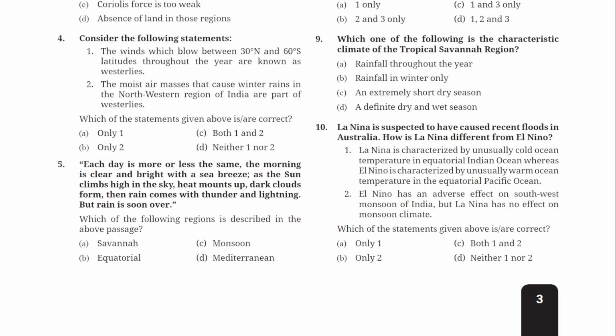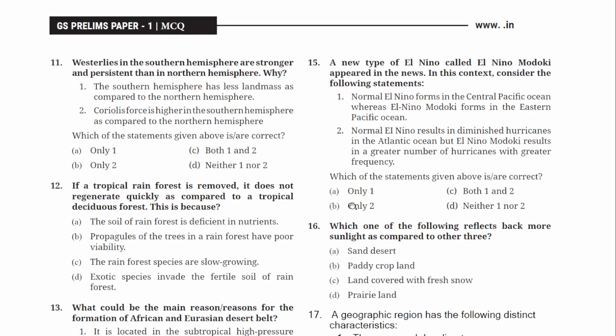Okay. La Nina is characterized by unusually cold ocean temperatures in the eastern Pacific Ocean, not the Indian Ocean, or the western coast of South America. El Nino has an adverse effect on the southwest monsoon of India, but La Nina has no effect. No, it does have. So neither 1 nor 2.